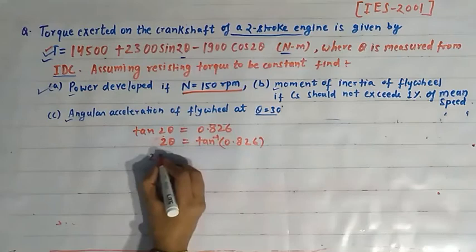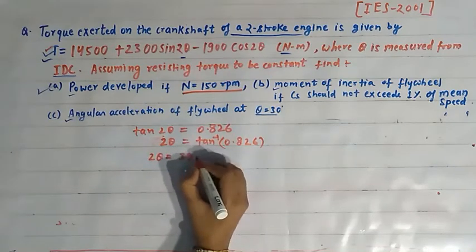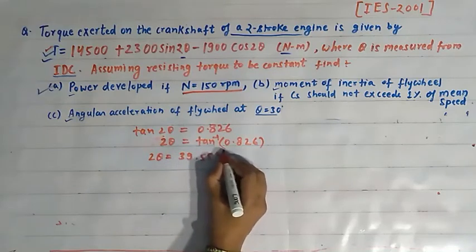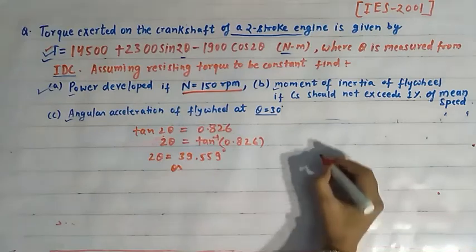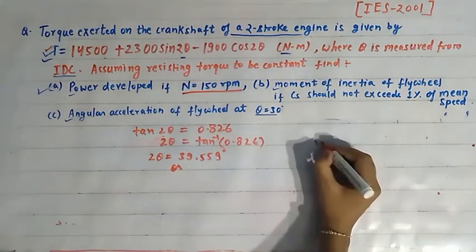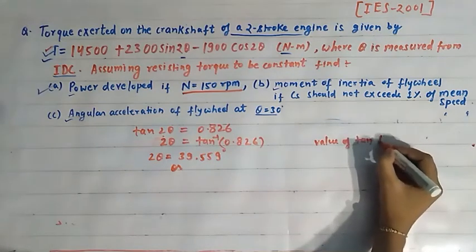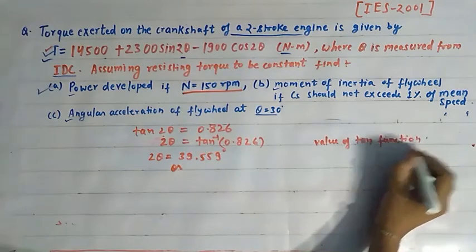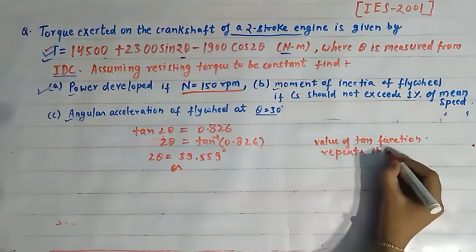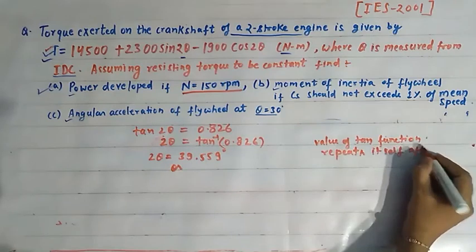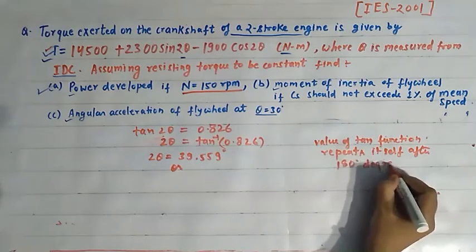You will get 2 theta is equal to 39.559 degrees. Okay. Now friends, we know that the value of the tan function repeats itself after 180 degrees, that is pi.